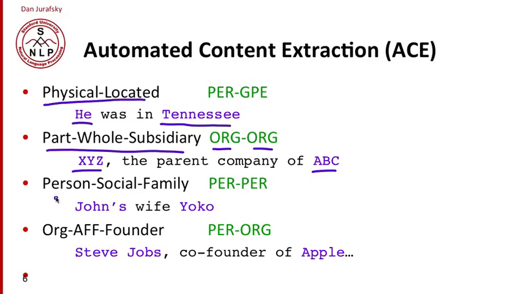Or we talked about family relations, so again, holding between two people, that a wife and a husband are related by the family relation. Or we might have the founder relation that holds between a person and an organization. So here we have a relation between Steve Jobs and Apple. So these are the kinds of relations that we extracted using the ACE set of relations.